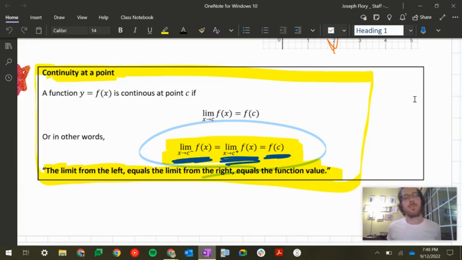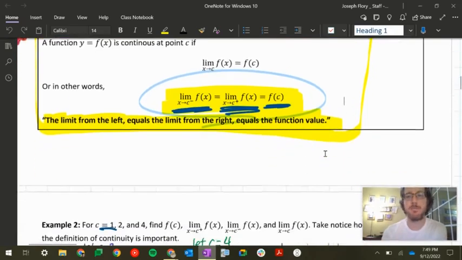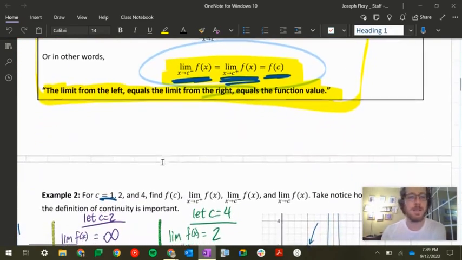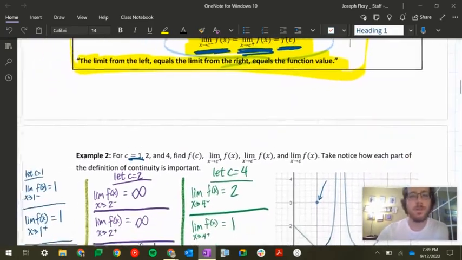In other words, if the left-sided limit as x approaches c of the function equals the right-sided limit as x approaches c of the function equals that actual y value of the function there at c, then it is continuous at that point. This second part that I've highlighted is what we're going to use to prove whether a function is continuous or not at a given point. That's why I highlighted that part. You should too in your notes.